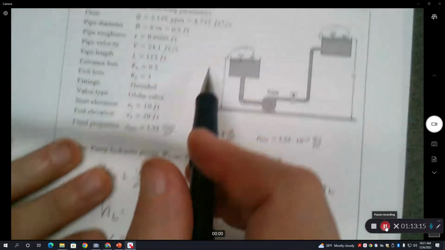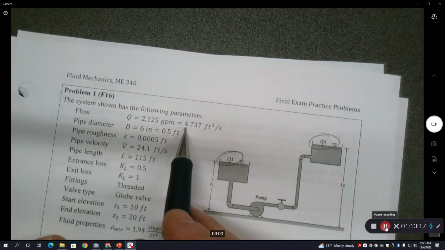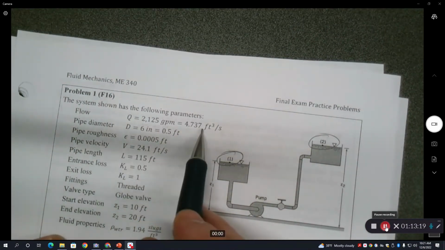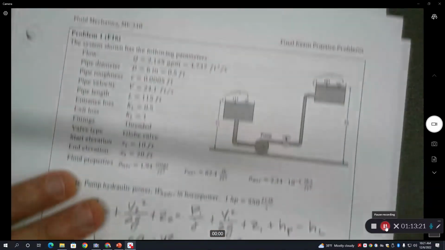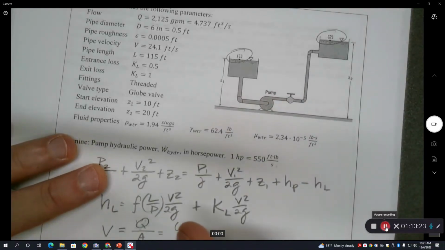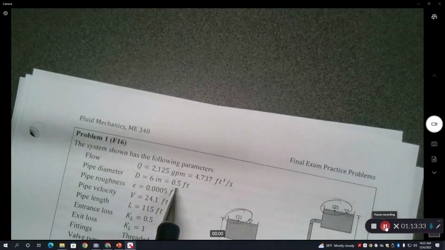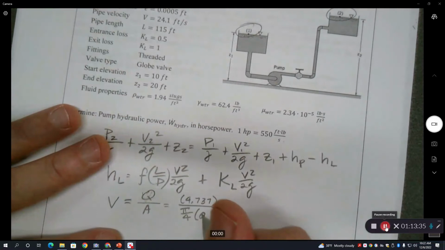The flow was given to us both in gallons per minute and cubic feet per second, so we'll do everything in feet. 4.737 divided by pi over 4, and the diameter is 6 inches, so it's 0.5 feet.